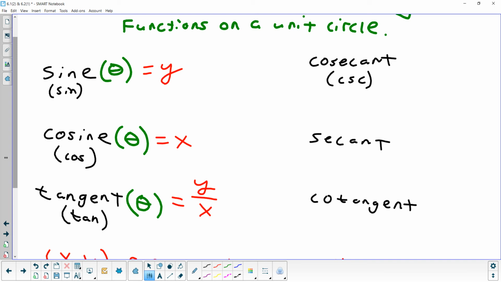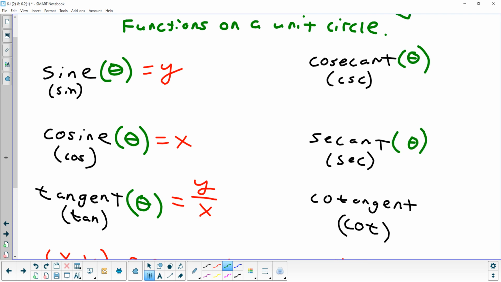Then we can go back to the first three. That's secant. And that's the abbreviation for cotangent. And again, those are three other functions in trig that you can plug something into. Just like you can plug something into a square root function, plug something into a log function, we plug an angle into these functions.